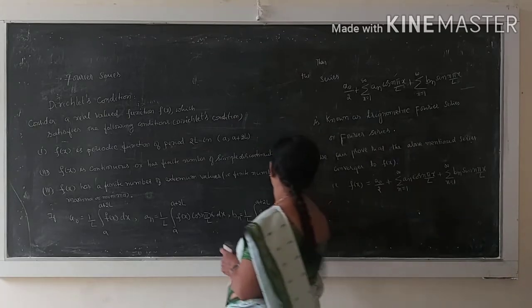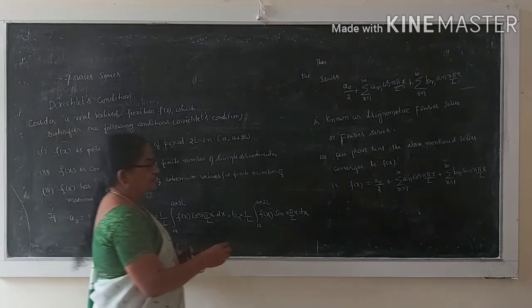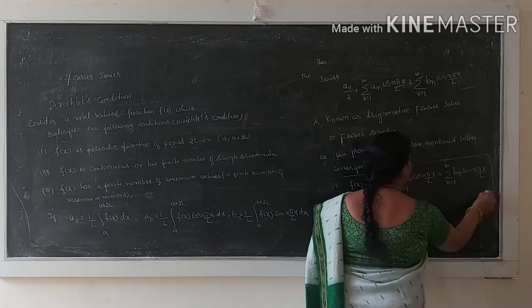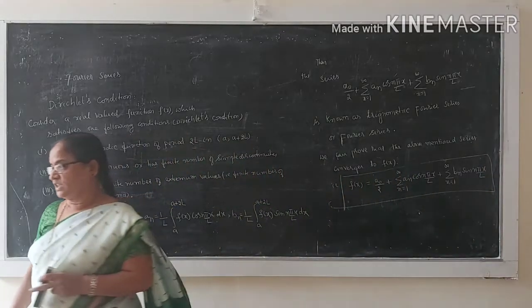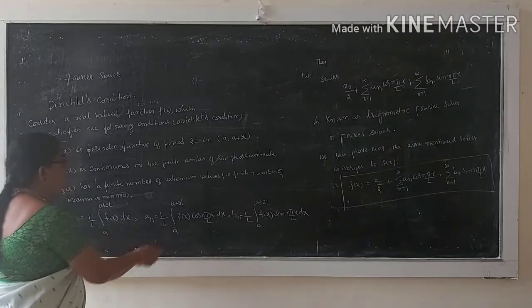We call this series, the series given by this formula, the Fourier series, where the values of a0, an and bn are defined by this relation.